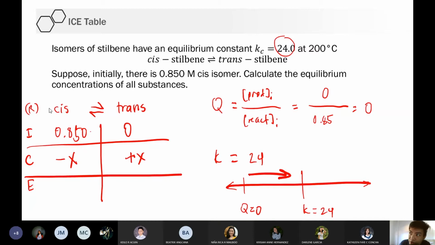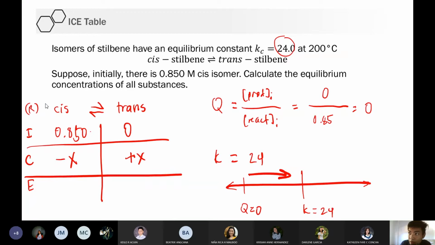Suppose you have coefficients here. Suppose you have a coefficient of 2 here. So the change will be negative 2x. Whenever you have coefficients, you have to introduce them into your change. If your coefficient here is 3, then your change will be negative 3x. This is because the reaction still follows the law of conservation of mass.